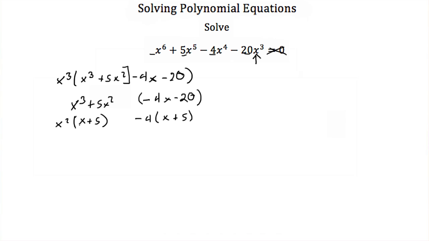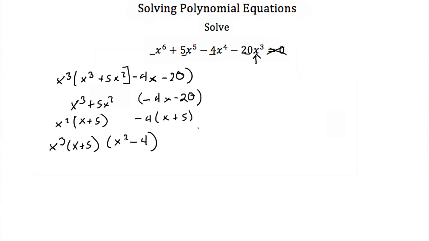So now we have x squared times x plus 5 minus 4 times x plus 5. If we factor out our x plus 5, we'll be left with x squared minus 4. And then don't forget we still have this x cubed out here in front.